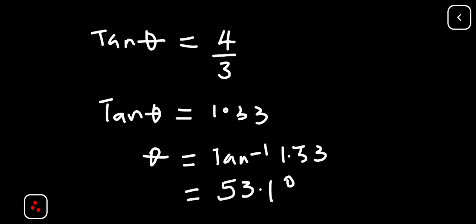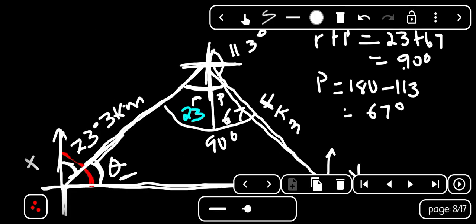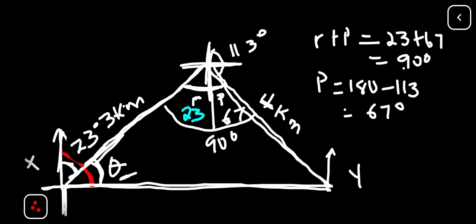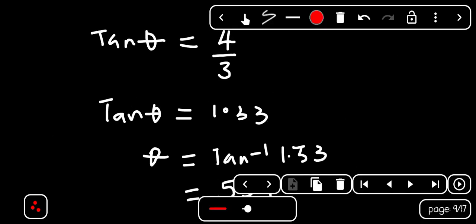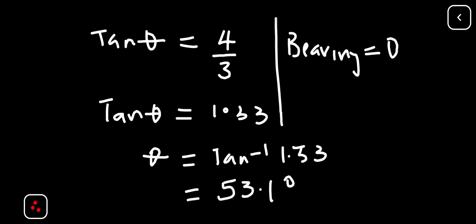Now that we know our answer is 53.1 degrees, what is our bearing? We said our bearing is measured from north to this point here. So we know what theta is, and we know what this other angle is, 23 degrees. So our bearing is equal to theta plus 23 degrees.